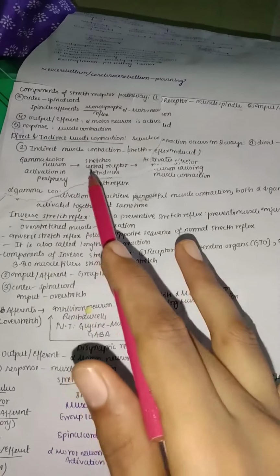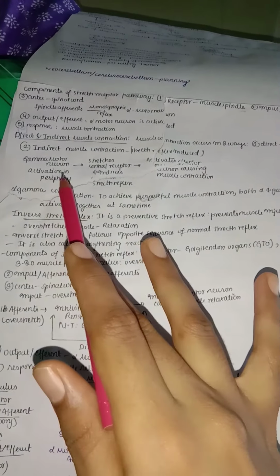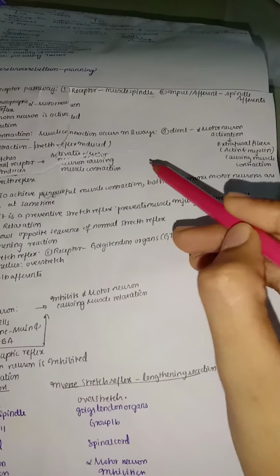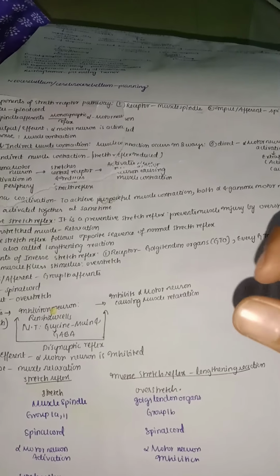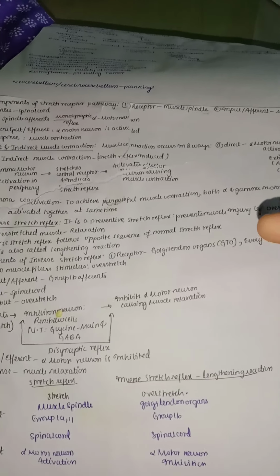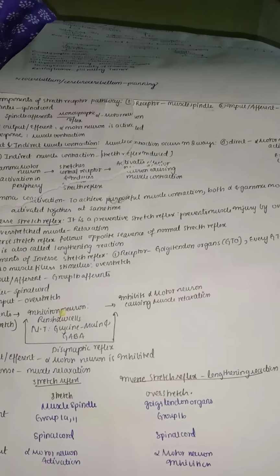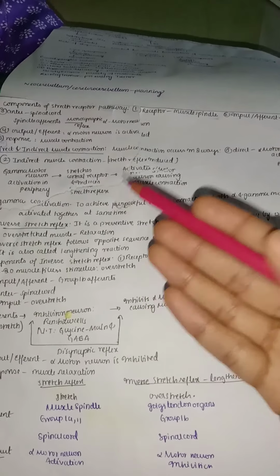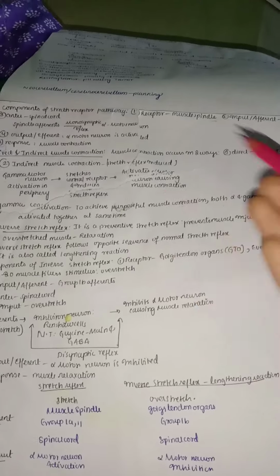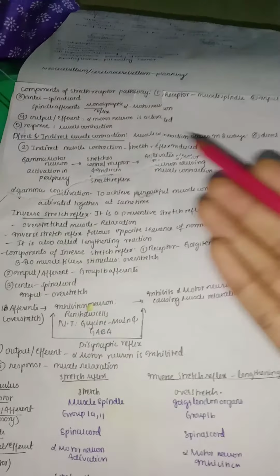But here it's the indirect pathway. First the gamma motor neuron is activated. In the before diagram, if you remember, in both peripheral ends we have the gamma motor neuron. So because of its activation, it will stretch the receptor. Because of this stretching of the receptor, it will induce the activation of the alpha motor neuron, in turn leading to the muscle contraction. So it's an indirect pathway.